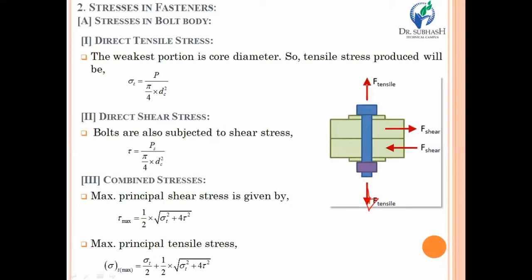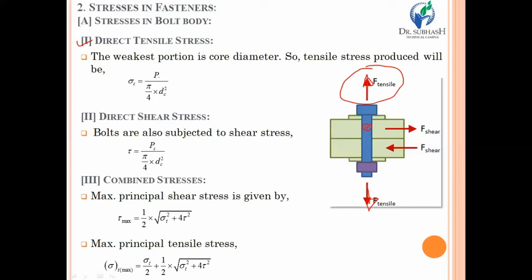Of course, tensile is acting through nut head also, whereas both of the members get compressed. So just focus upon bolt body first, and the very important type of stress, that is direct tensile stress over here. So whatever stresses are produced in this bolt cross section or shank, that we need to calculate first.